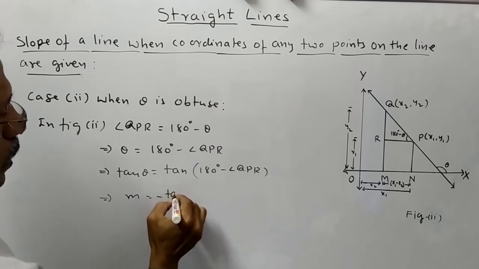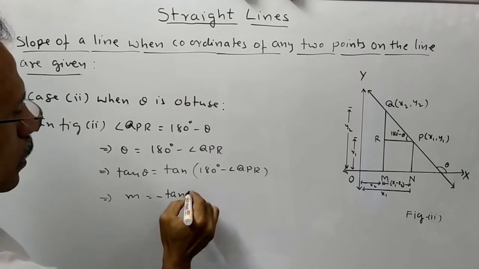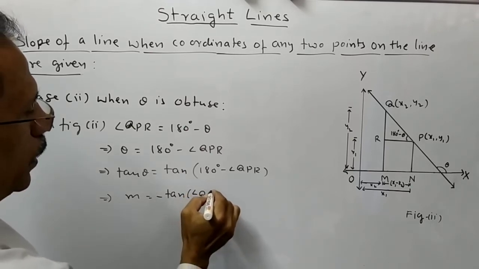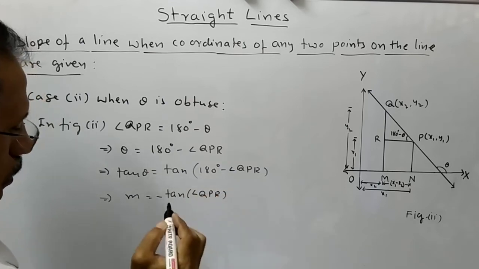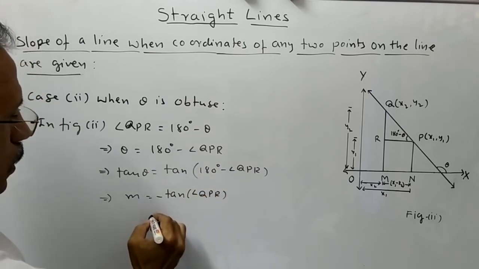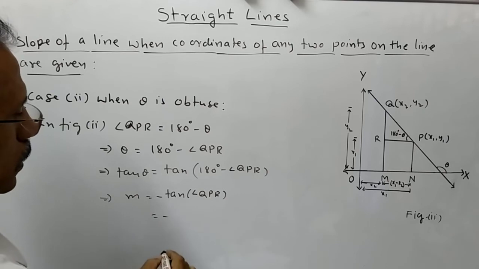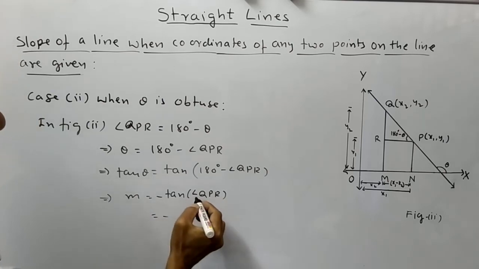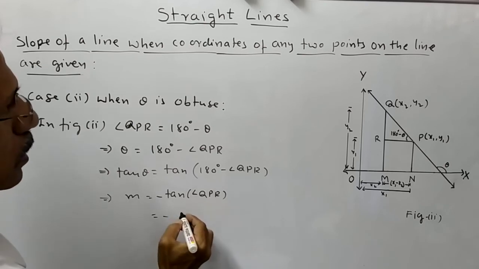minus tan of angle QPR is equal to minus, what is tan of angle QPR?